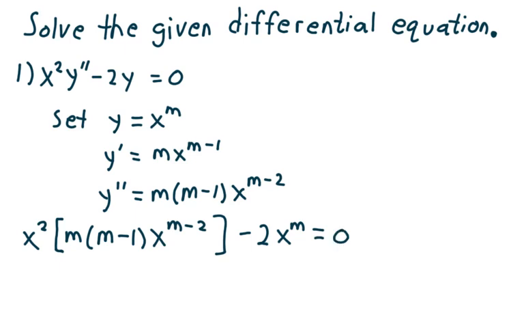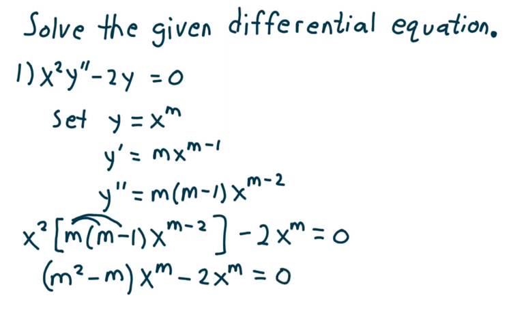Now, I'm going to distribute the m inside here, and when I do, I get m squared minus m, and I'm going to take this and multiply by x squared times x to the m minus 2, and by design, it's equal to x to the m. And then I'm going to subtract 2x to the m and set this equal to 0.